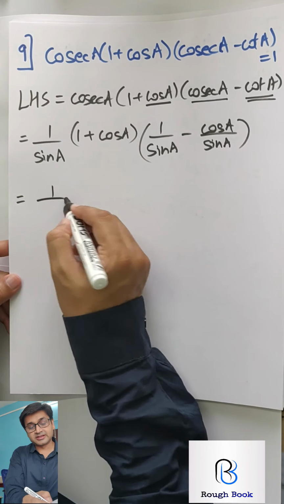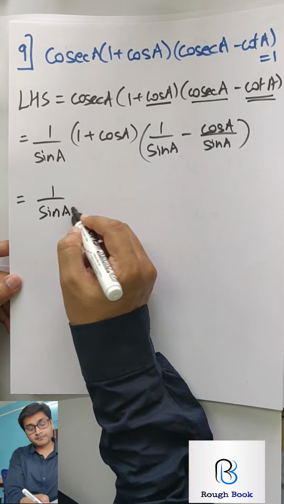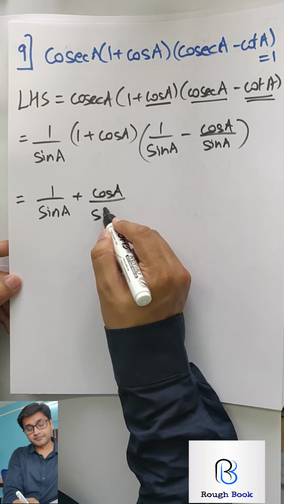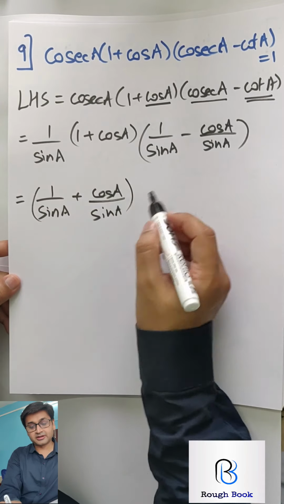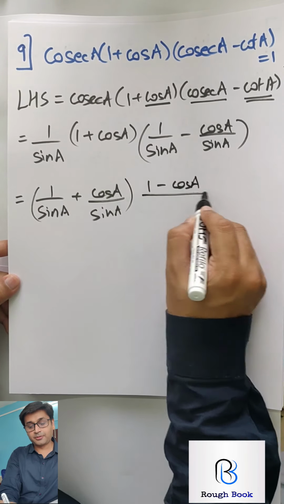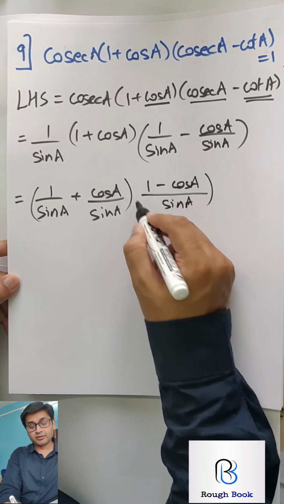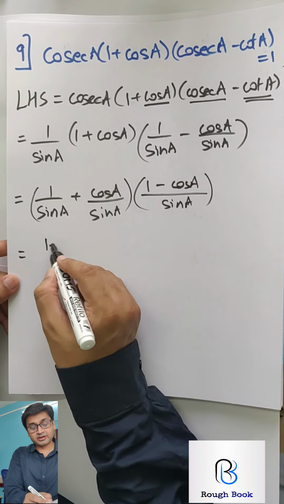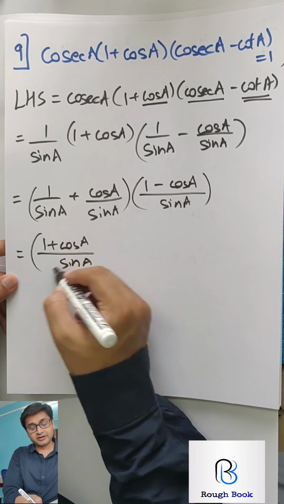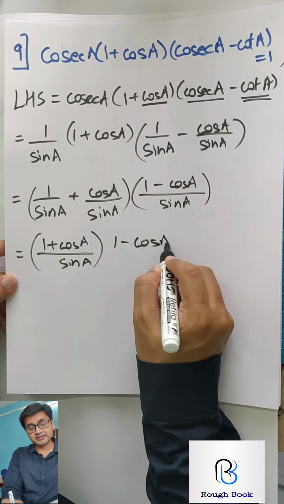Yeah. So let's expand this. 1 into 1 is the same thing upon sine A. 1 into cos is cos A upon sine A. This goes in one bracket. In another bracket I have 1 minus cos A upon sine A because the denominator is the same. Likewise, I can write over here 1 plus cos A upon sine A since the denominator is the same, so direct LCM.